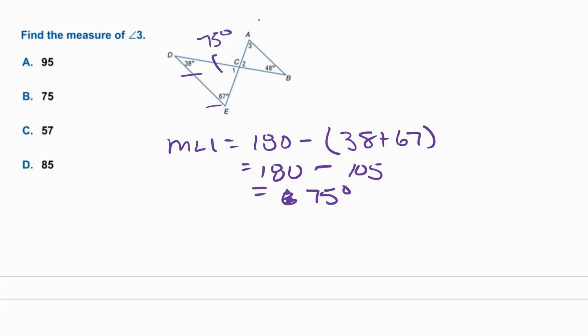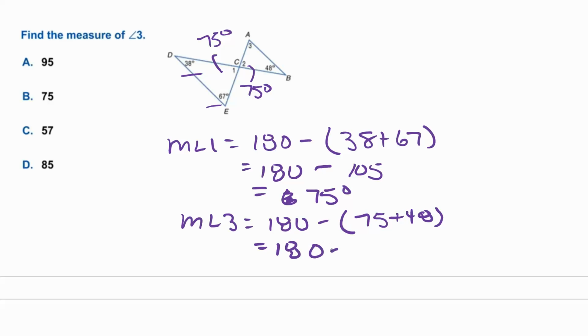Which tells us the measure of angle 2 is also 75 degrees because they're vertical angles. To find the measure of angle 3, it'd be 180 minus the sum of angle 2 and 48 degrees, which would give us 57.